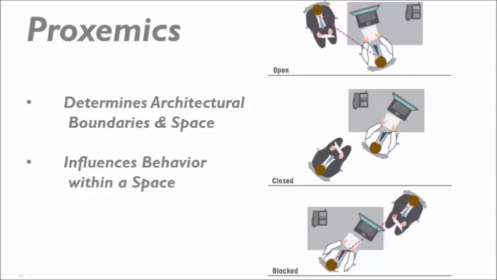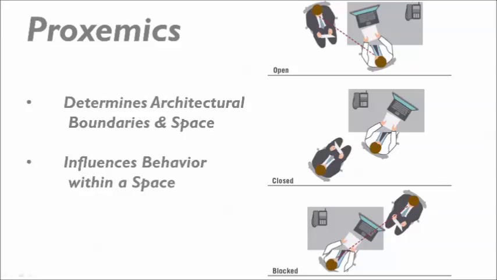Now you see this a lot in offices because people might be more comfortable being behind a desk, and that's just a psychological thing. It makes them feel more protected. This is really common, especially if you have people come into your office all the time that you don't know. Having the desk between you is a psychological and physical barrier, but it's all influenced by proxemics.